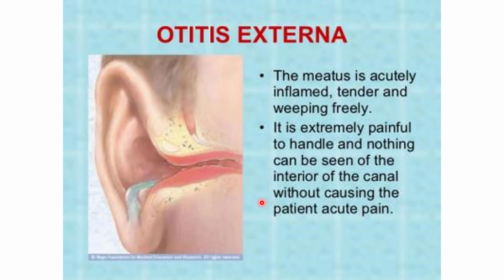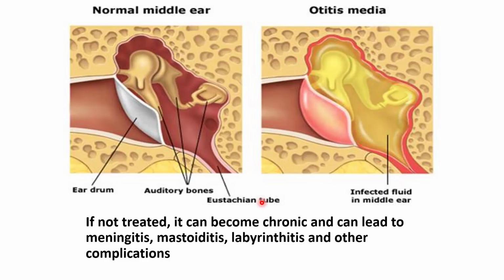It is very painful, and it creates more pain because the skin over the cartilage does not give much space for the inflammatory fluid to collect, and that becomes a tense space and causes extreme pain. If not treated, it can become chronic and can lead to meningitis, mastoiditis, labyrinthitis, and other complications, because all these structures lie nearby, so it needs to be treated.